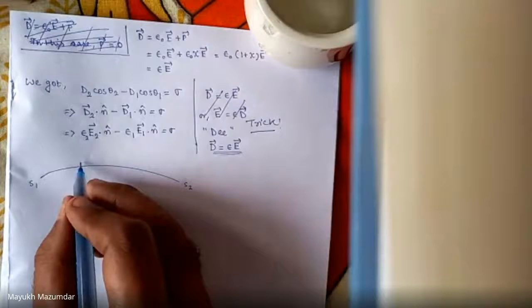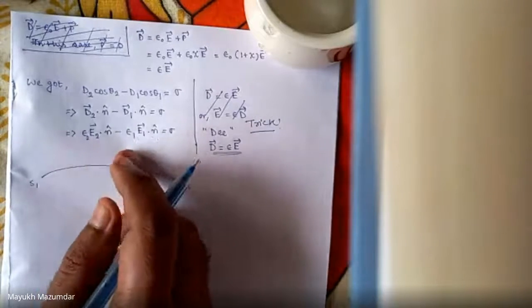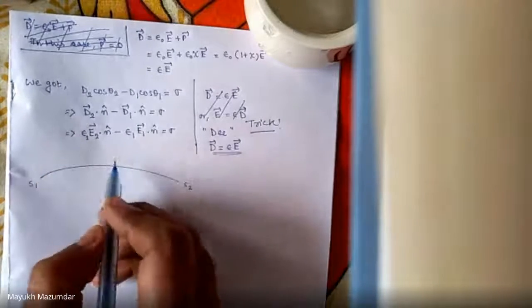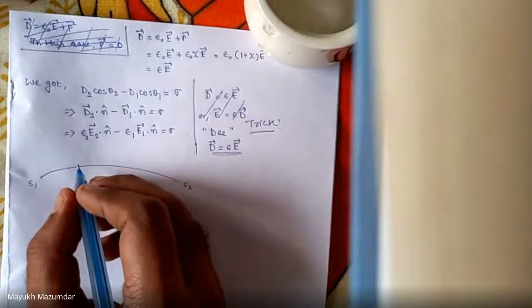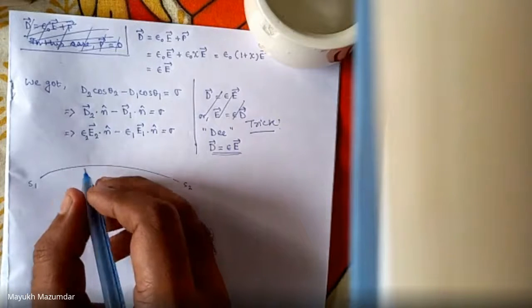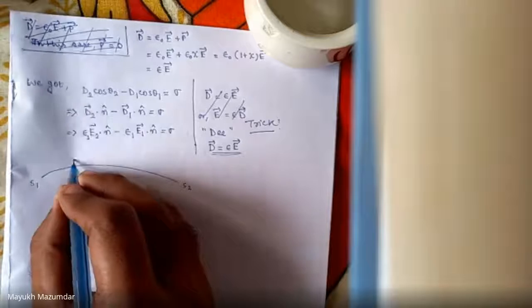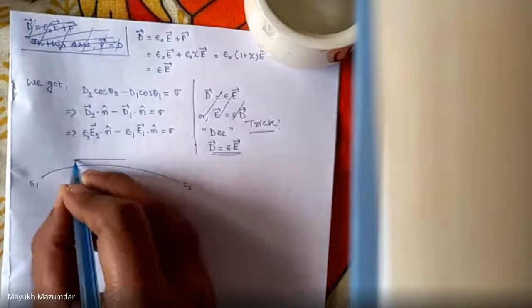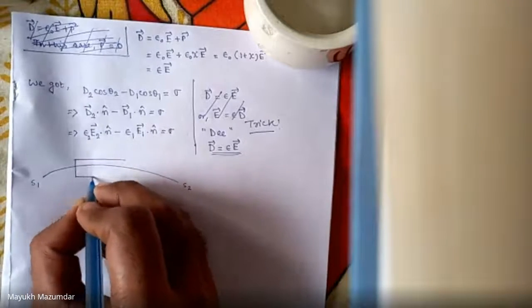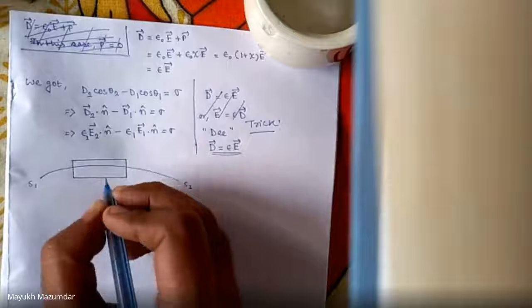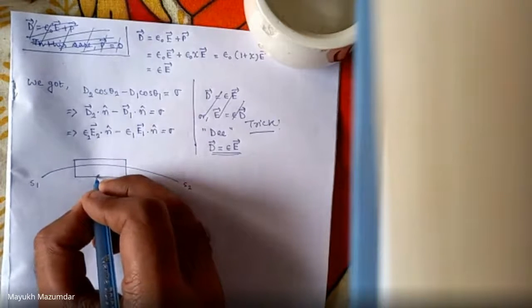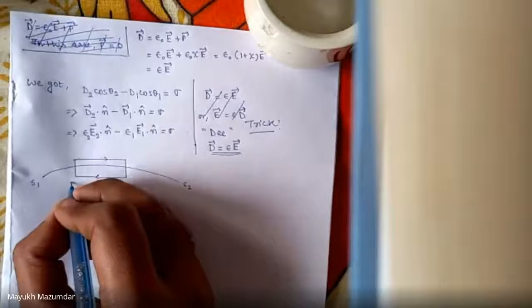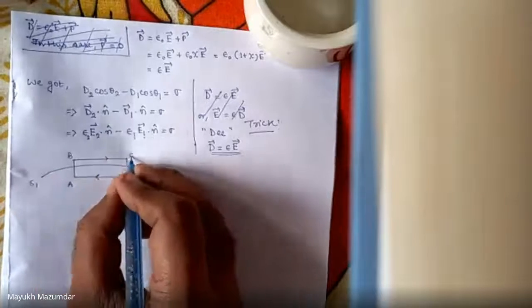In order to get the component parallel to the surface, we'll draw the Gaussian pillbox as a rectangle now. A, B, C, D.